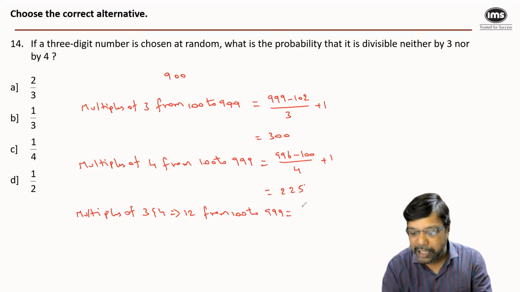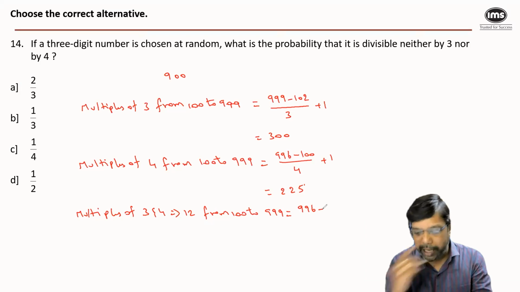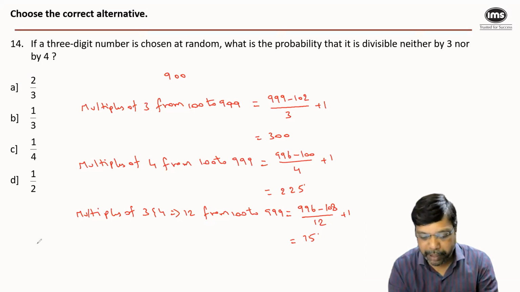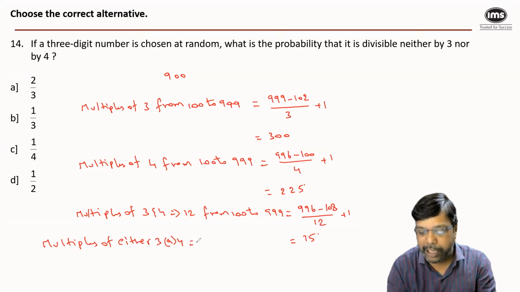The largest multiple of 12 is 996, the smallest multiple of 12 is 108, so (996 minus 108) divided by 12 plus 1 is equal to 75. Hence, 3-digit numbers which are multiples of either 3 or 4 is equal to 300 plus 225 minus 75, which is equal to 450.